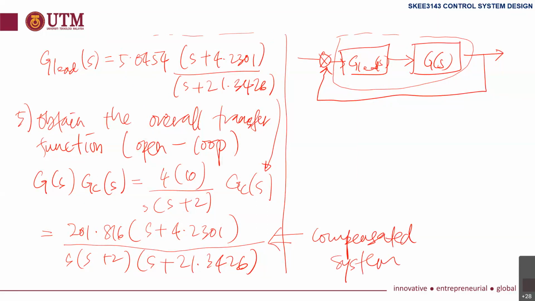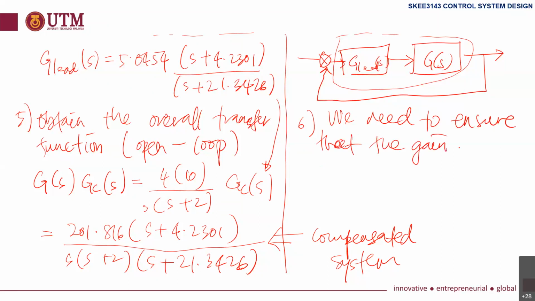That is the only way to know the gain margin of the system. That is number 6, just for this question, because they add gain margin. We need to ensure that the gain margin of 10 dB is obtained.